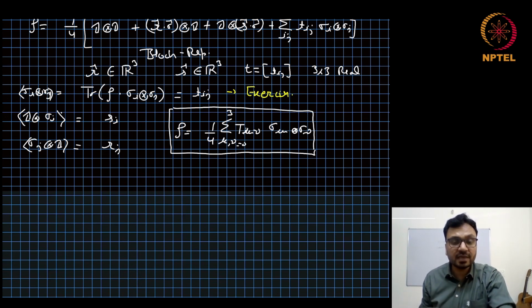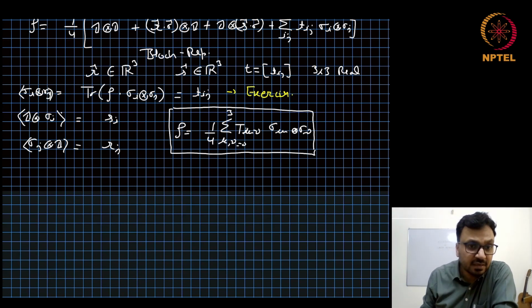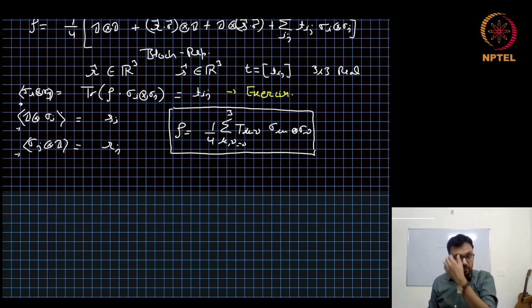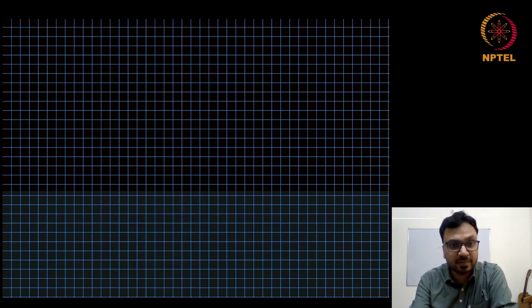All the expectation values can be calculated by the expressions given, and it is not very different from what we have been doing for a single qubit, just that here we are talking about two qubits. Now, once we have represented the state, the question is how to estimate the state experimentally.